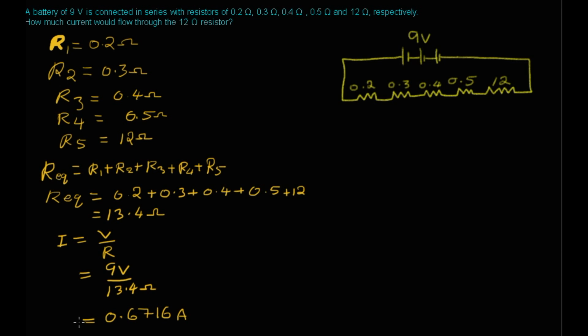So the same will be the current flowing through the 12 ohm resistor and all other resistors, since they are connected in series. Now we can think about a slightly different question here.